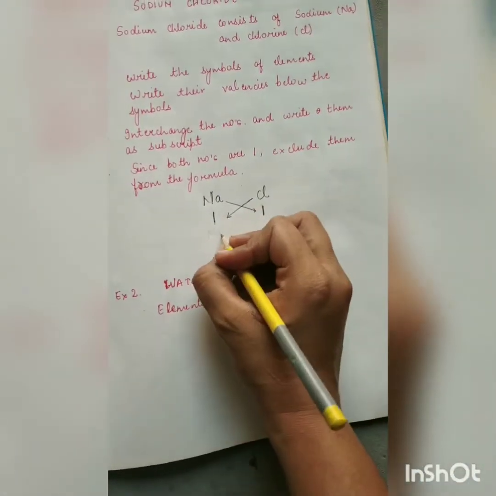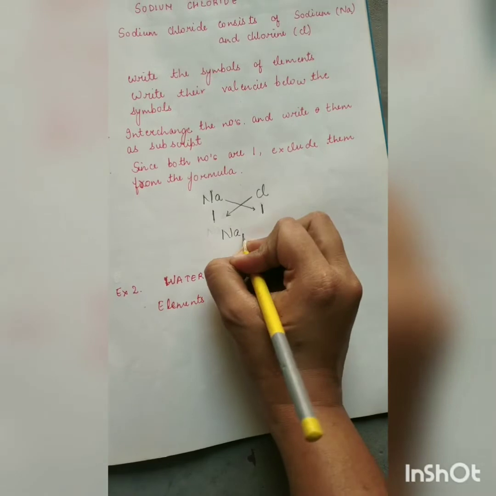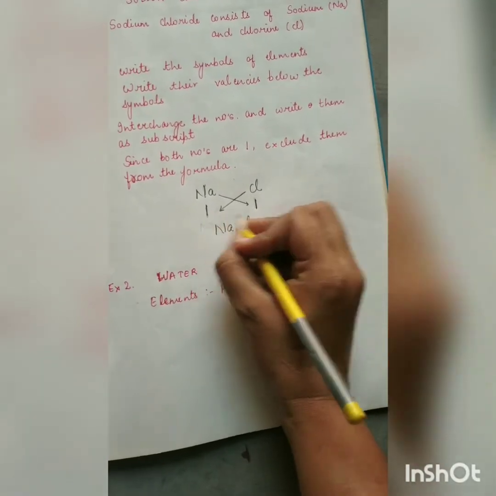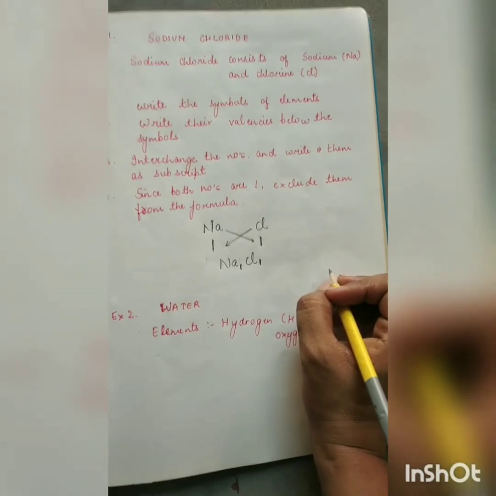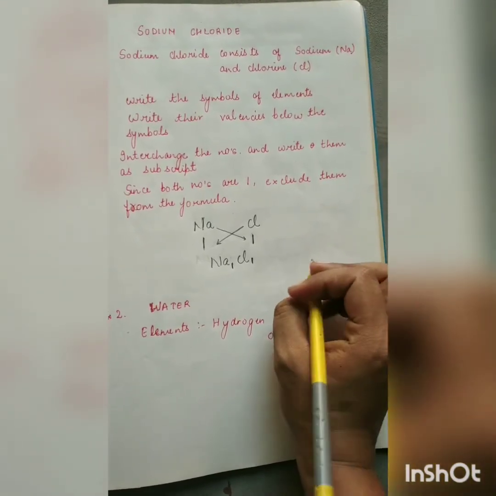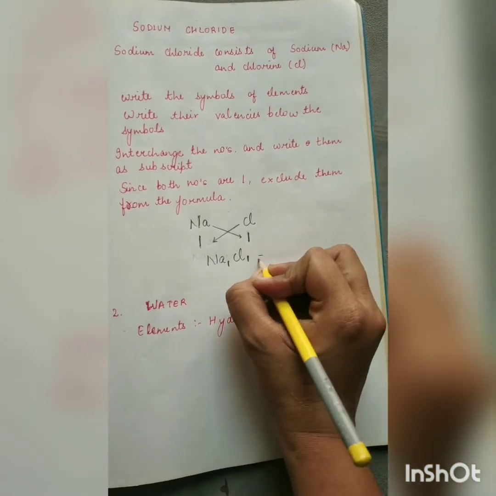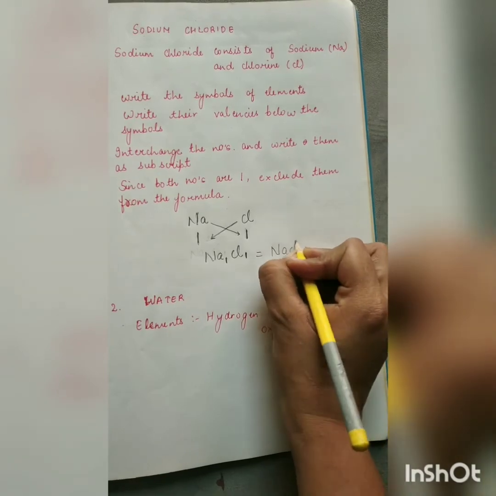Now it will be written something like this: Na and this number, then Cl, then this number. Since both numbers are 1, now exclude 1 from the formula. Hence the formula of sodium chloride becomes NaCl.